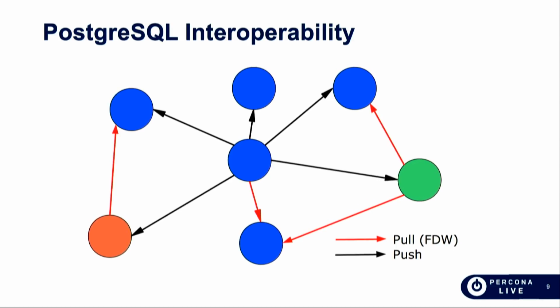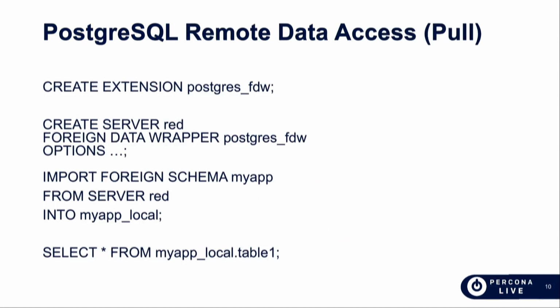And the arrows are intended to show that you can do both pull and push based data access from the different nodes. So if I start by describing how we would do pull data access, this, if you're used to Oracle, would be just simple remote data access. So first of all, we would create an extension called Postgres FTW.